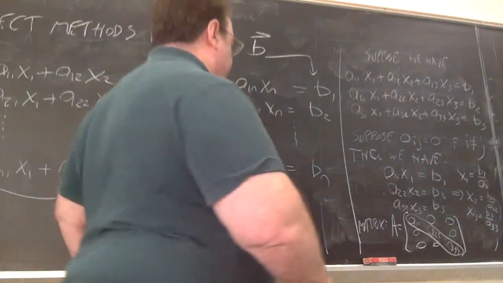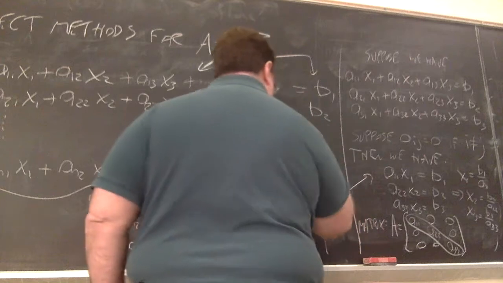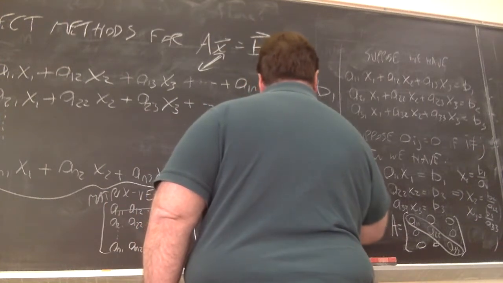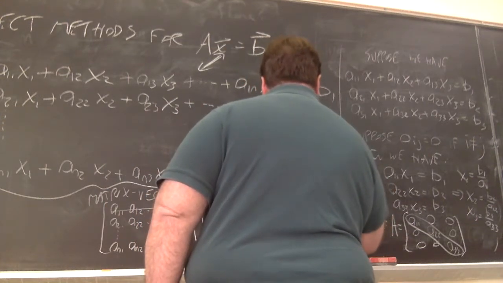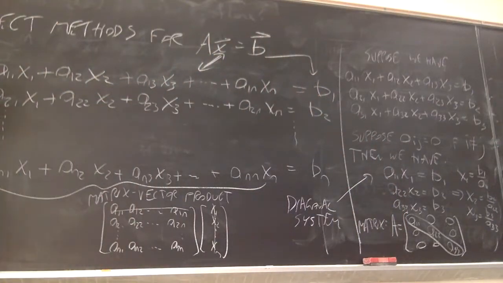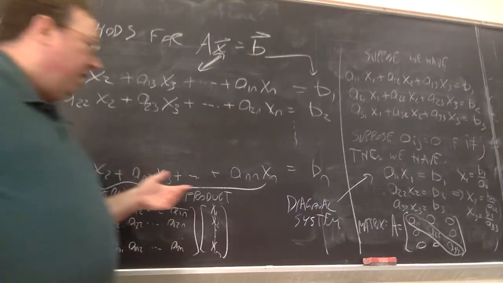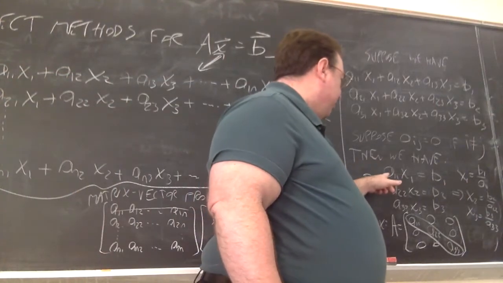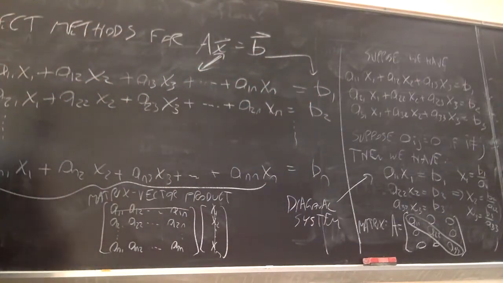So this is an example of what is called a diagonal system. A diagonal system is one where all the coefficients are 0 unless the indices i and j are equal. So we see we have no problem with solution.